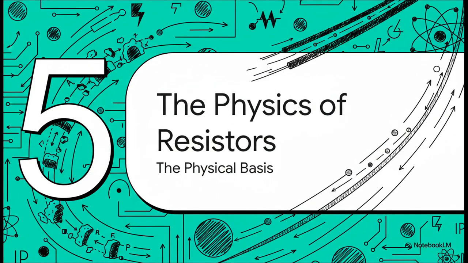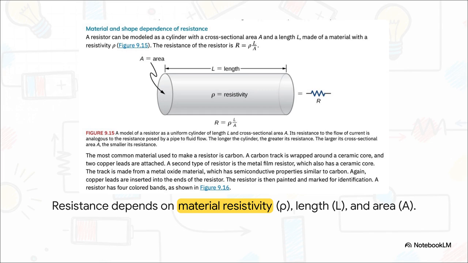Okay, for our final section, let's zoom in one last time. We've defined resistance, but where does it actually come from? What physical things about a material determine how much it's going to resist the flow of current? It turns out resistance isn't just some abstract property. It's determined directly by a material's shape and what it's made of. The formula is R equals rho times L over A. Let's break that down.